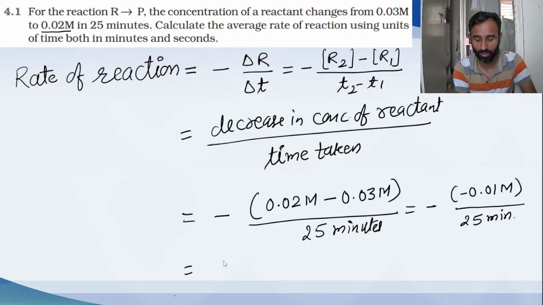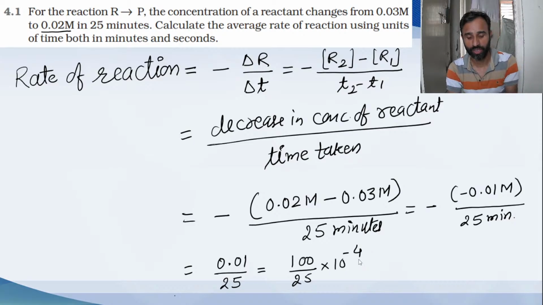That is 0.01 over 25, which is 1 into 10 raised to power minus 2 multiplied by 100 over 10 raised to power minus 4.